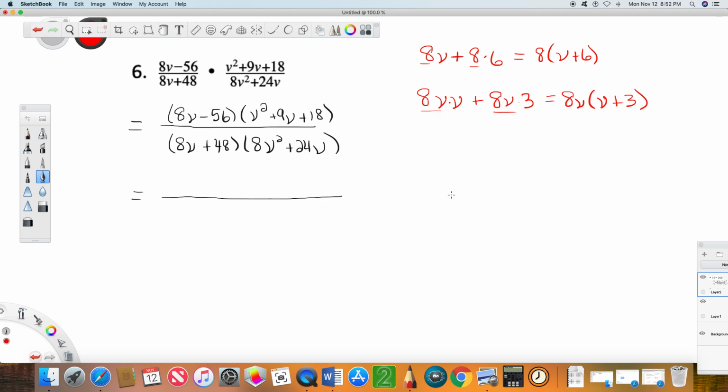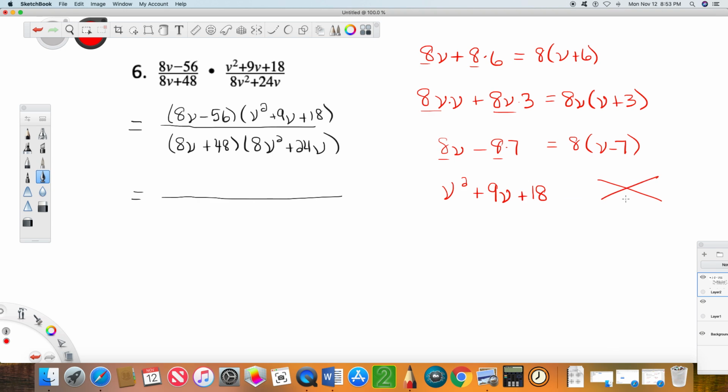All right. So let's move on to the numerator and do the same idea. 8v minus, well, let's rewrite 56 as 8 times 7. What's common to both is an 8. So we have 8 times v minus 7. And this trinomial, let's use our x method to factor it.